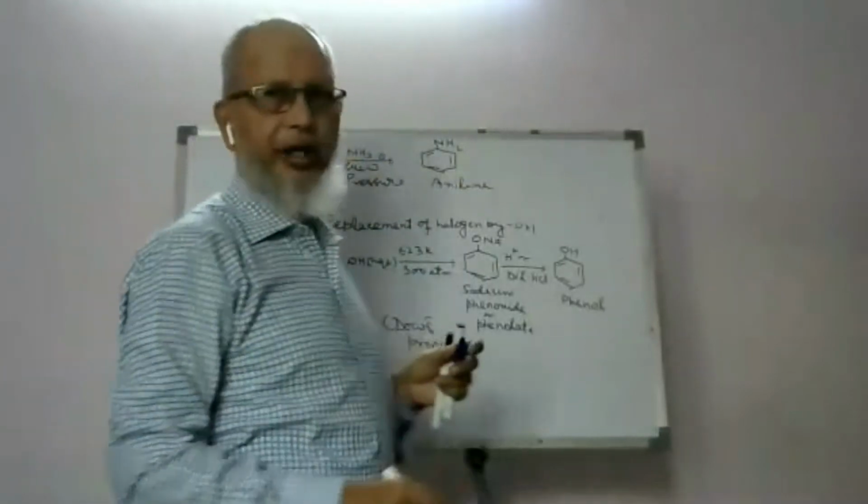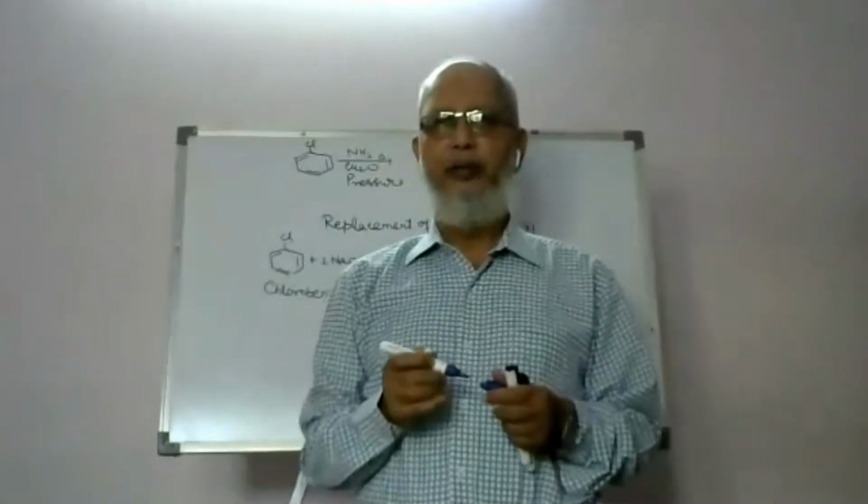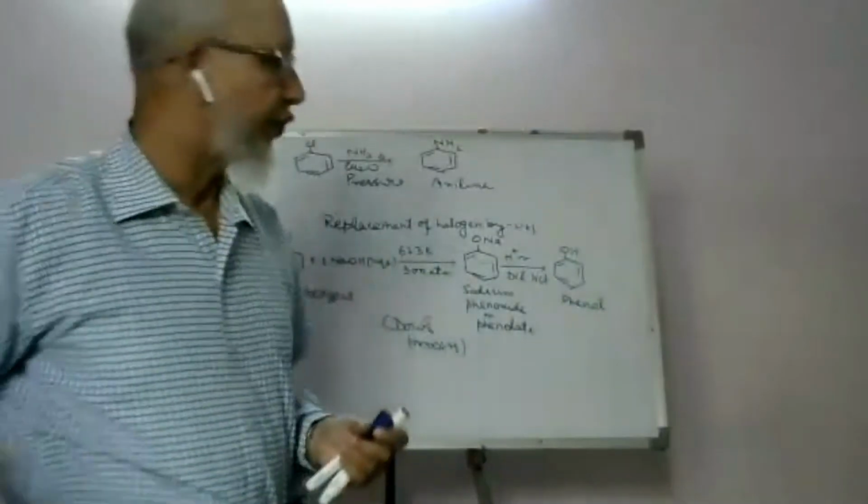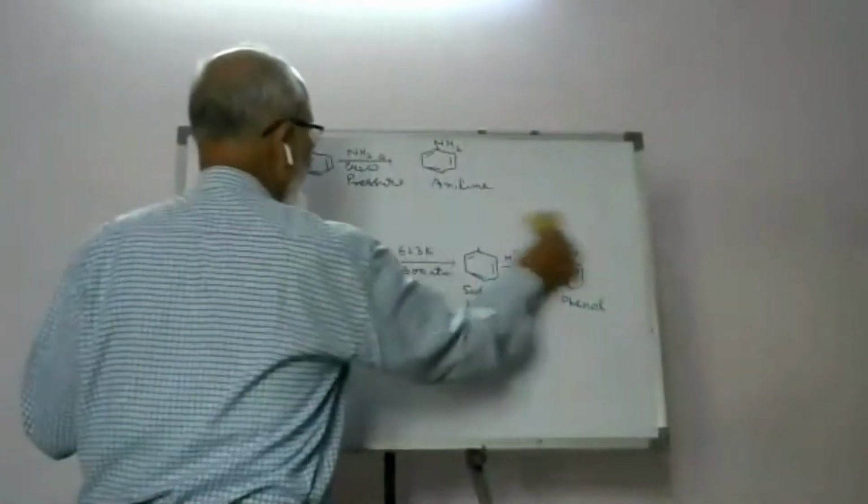So chlorobenzene can be converted into aniline, and aniline can be reconverted into chlorobenzene through diazonium chloride, which again we can represent here.